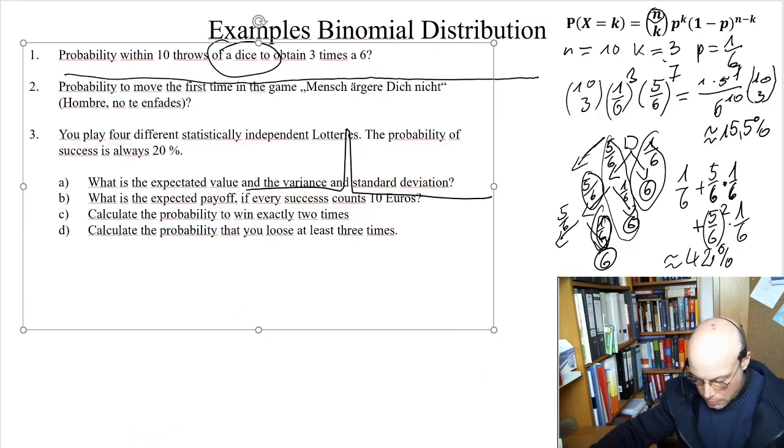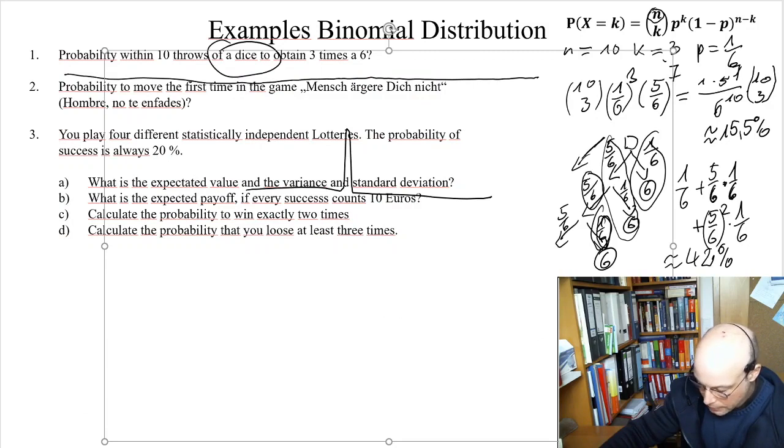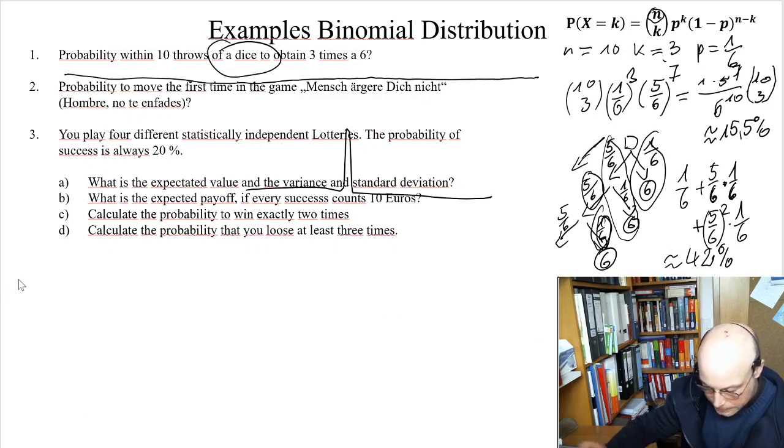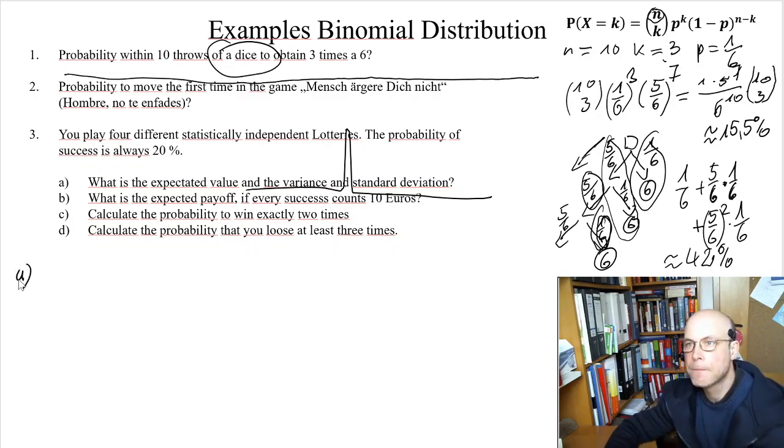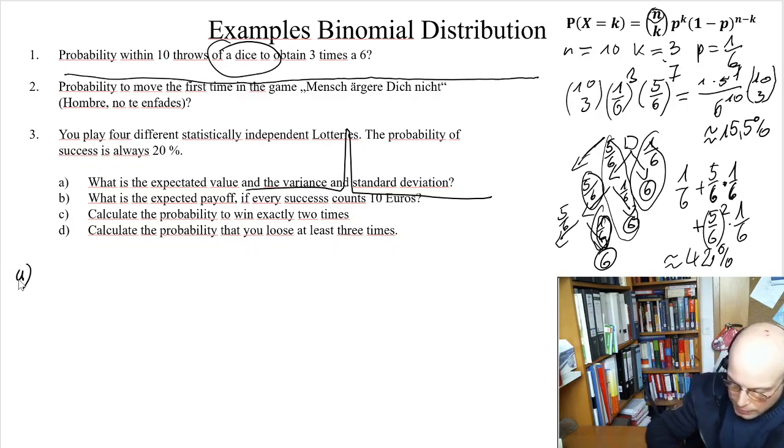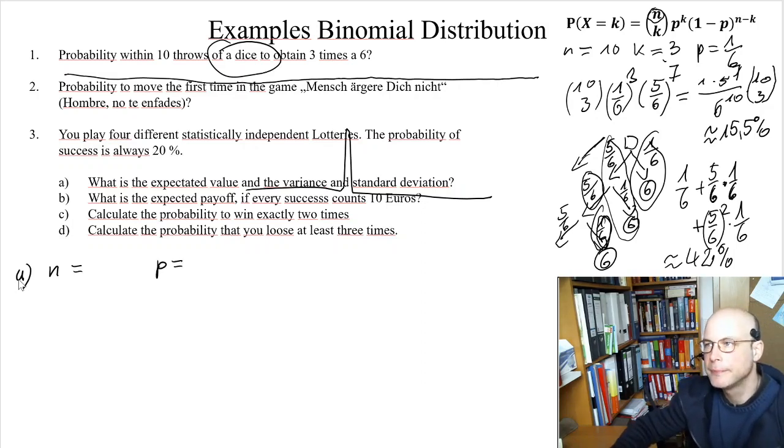$16, I think this is enough, and then I have some space left for the last question. So, A. Again, we need to know N and P. What is N and P?